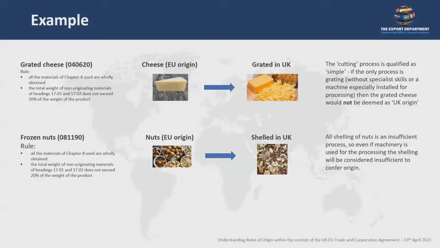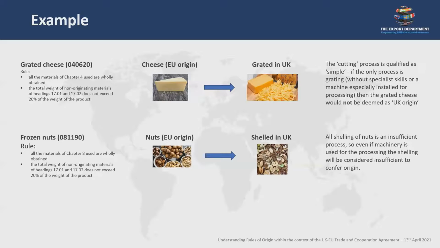Frozen nuts is another example. So here the product specific rule says that all materials of Chapter 8 have to be wholly obtained, and the total weight of those non-originating materials, 17.01, 17.02, don't exceed 20% of the weight of the product. All shelling of nuts is an insufficient process. So even if machinery is used in the process of the shelling, it wouldn't be considered UK origin.